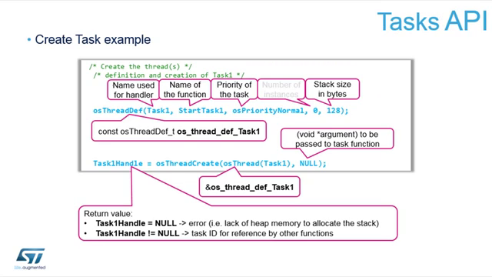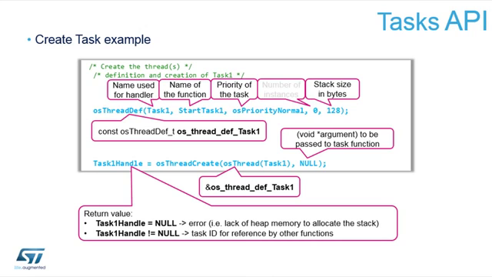Now let's jump to the API of creating of the tasks. So we can see how the task can be defined and then how it can be created. The task is defined by a macro OS_thread_def.